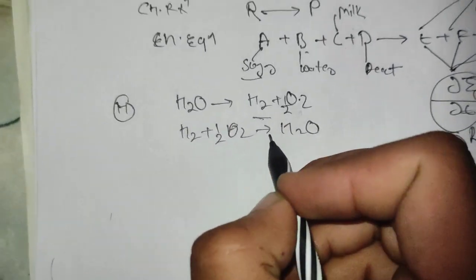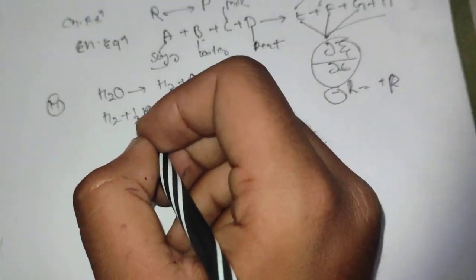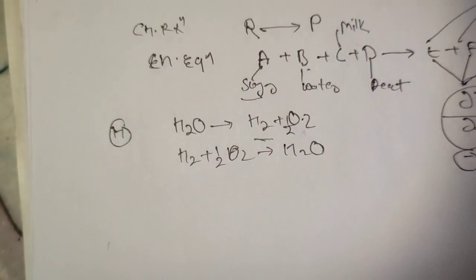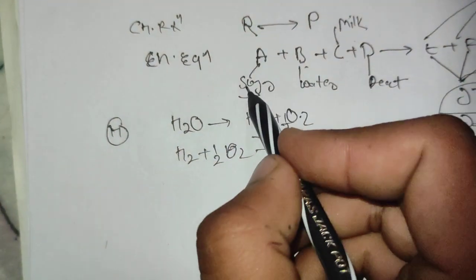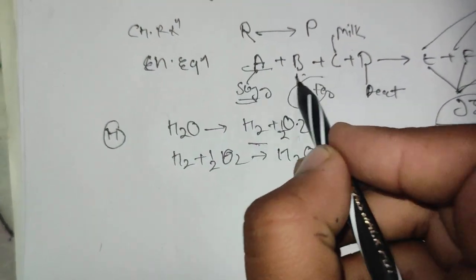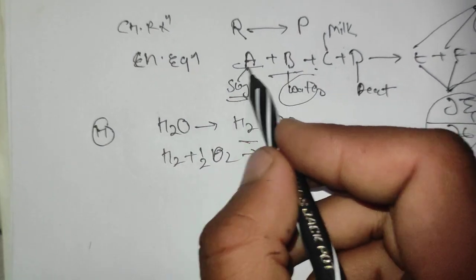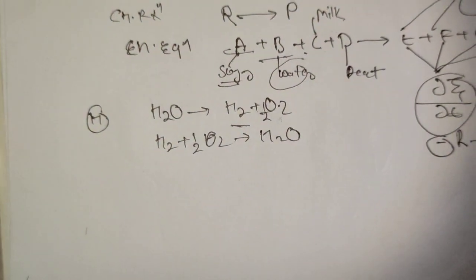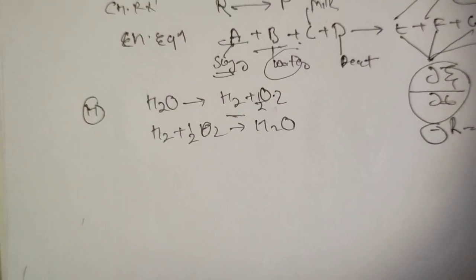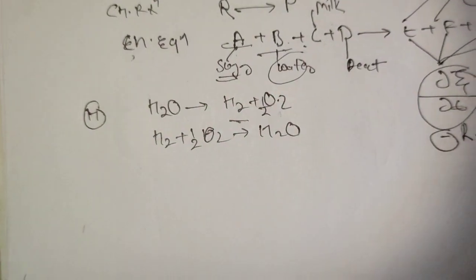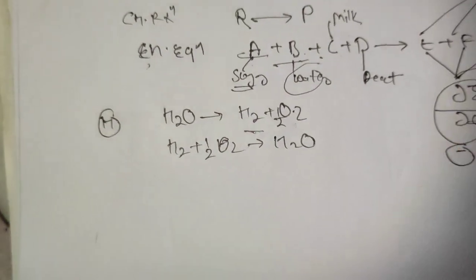This is the overall reaction. Instead of using the long form we use simple symbols. For sugar I say A, for water B, for milk C, and D for the reactant. Instead of using sugar, water, milk, I indicate them using ABCD. Basically, a chemical equation is the indication of all the reactants and products involved in the reaction.